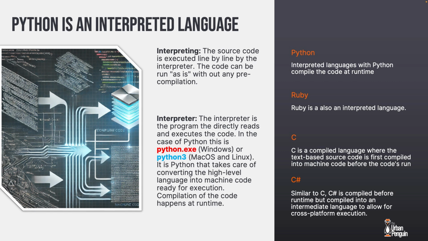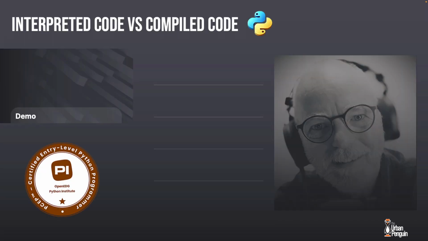With C#, we compile to the intermediate language, and the intermediate language then converts to the appropriate machine code on the .NET framework of the receiving machine. We're going to move into our demonstration now, and this is, of course, where you're going to get good hands-on experience.